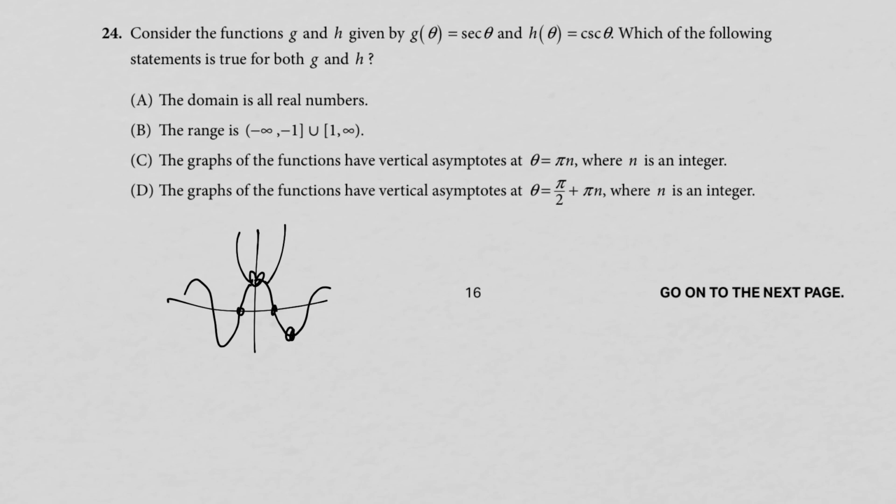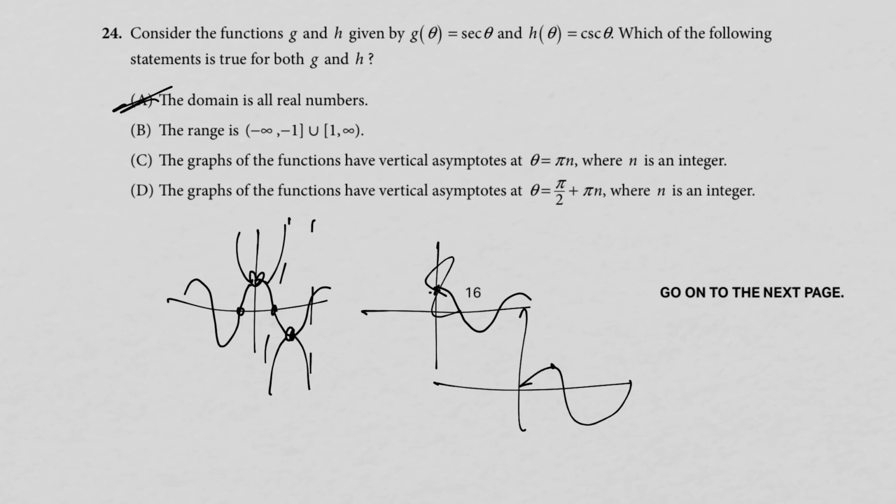So secant looks something like that, like these upside down parabolas. And the domain is not all real numbers, because there are these undefined places where cosine was 0. Cosecant is the reciprocal of sine. It also looks like these upside down or regular parabolas, and it's got asymptotes also.